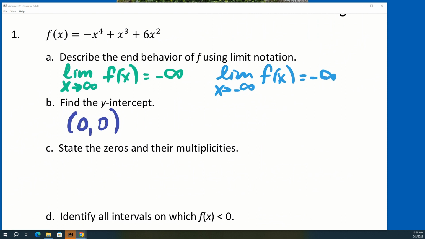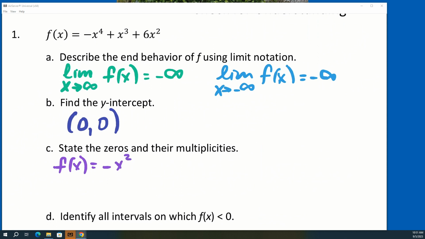And then for our zeros and our multiplicity, we're gonna need to factor. So we're gonna write this in factored form or intercept form. What would you guys do first? We're gonna factor out a negative. And what's the greatest common factor here? Good job.